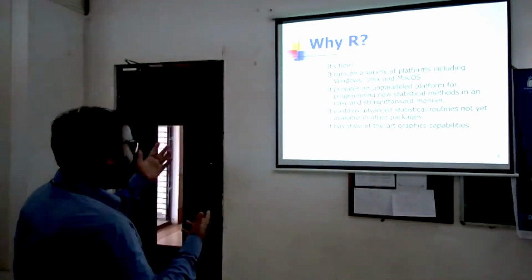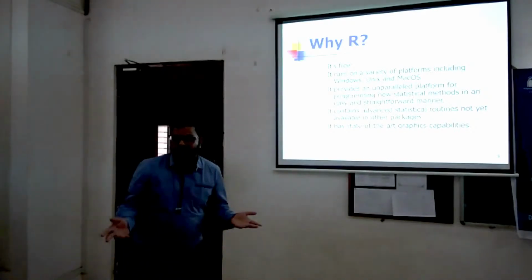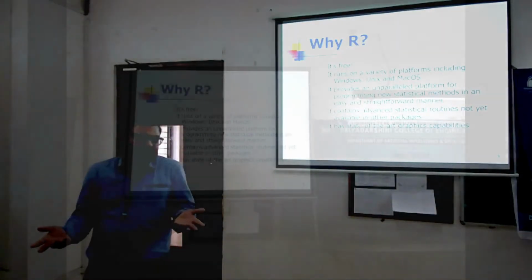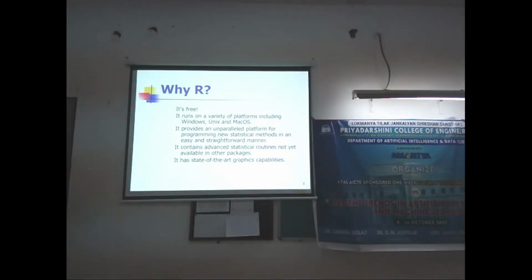So why R? Basically, it's open source and it's free, and we love whatever is open source. It's also a very light language. Why is it light? Much of R is implemented using C++, object-oriented programming, and R itself.